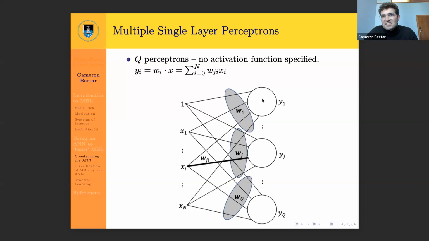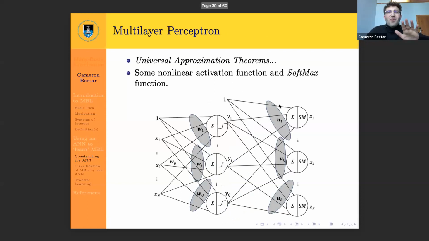I haven't specified the activation function here, but if I label these weights and label the inputs, you can see that the matrix structure, or matrix multiplication, comes out. So this is multiple single layer perceptrons. The YIs are going to feed into the next layer of the neural network.